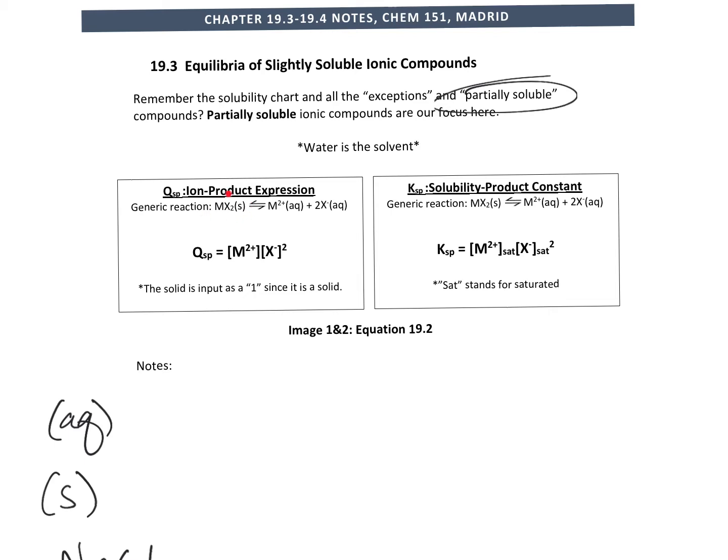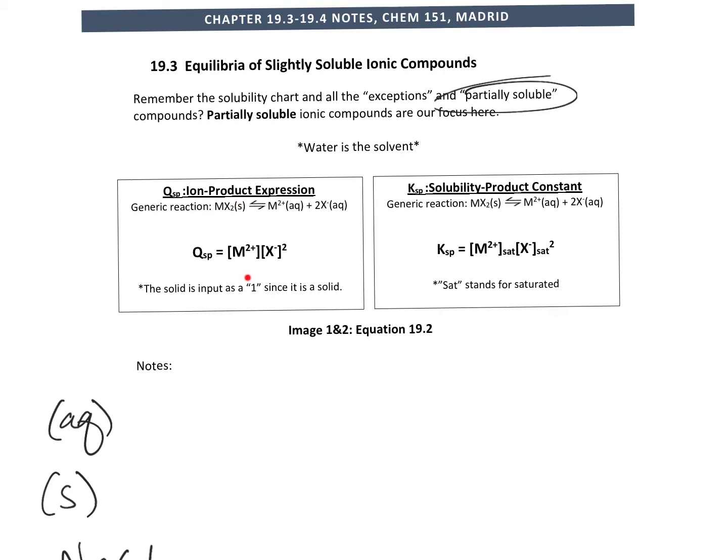We have a solid ionic compound that, when it's placed into water, dissociates into its cation and anion, and we can set up an expression based on the concentration of those ions. And really, this is products over reactants, but my reactant is a solid.